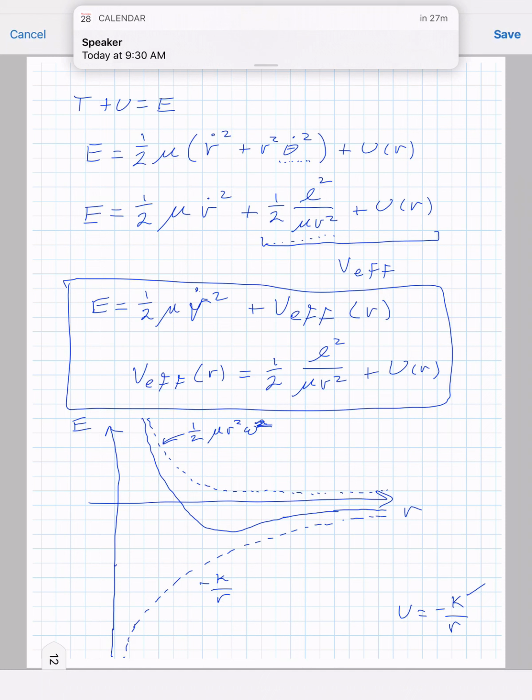And so what it means is that there's a minimum in this effective potential at some critical, and actually I'll call it r circular. That there's going to be a minimum in this effective potential, and that's going to correspond to the circular orbit. And so that is a circular solution to the dynamics. And so that means that r is at a constant value, and that's what makes it a circle.